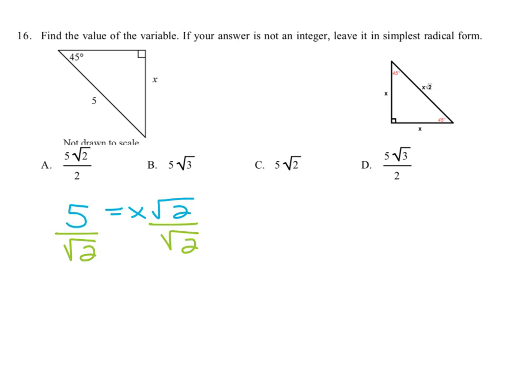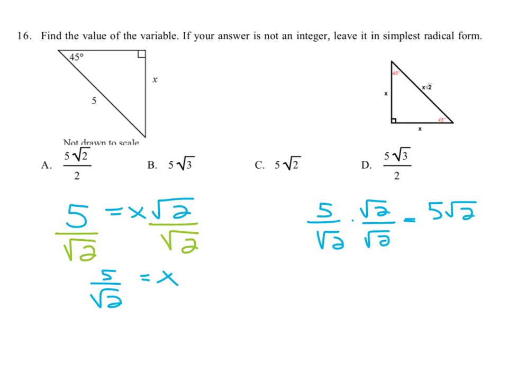And we'll get then x is equal to 5 divided by the square root of 2. Now you know you need to rationalize the denominator. So 5 over root 2 needs to be multiplied top and bottom by root 2. And on the top you get 5 root 2, and on the bottom you get 2.